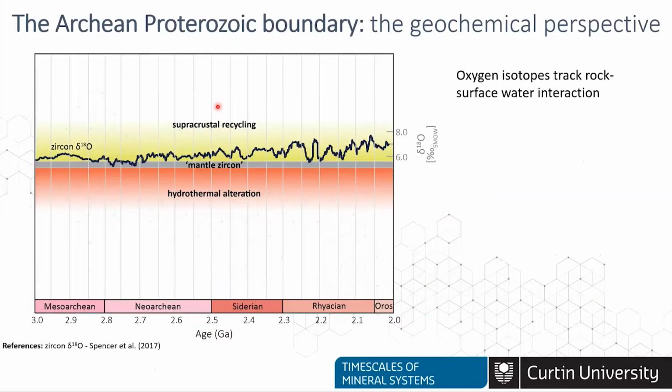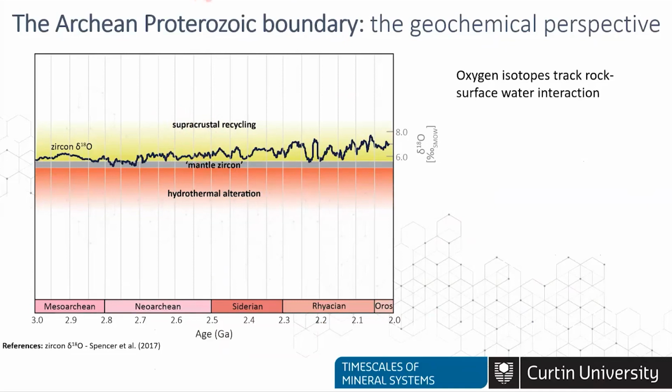So the gray bar here marks the compositional range of zircon that crystallized from mantle-derived melts, and delta 18O values above the mantle value, which indicates that they're isotopically heavier, are interpreted to be the result of supracrustal recycling or the assimilation of supracrustal material into magmas, as heavy delta 18O values arise from the interaction of rocks with surface water during continental weathering.